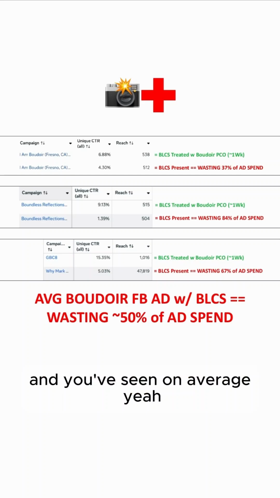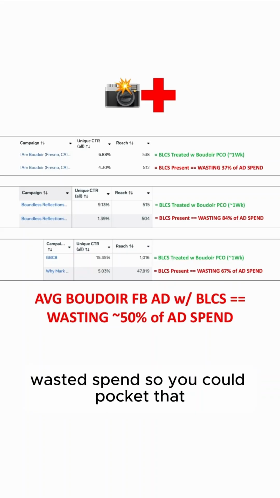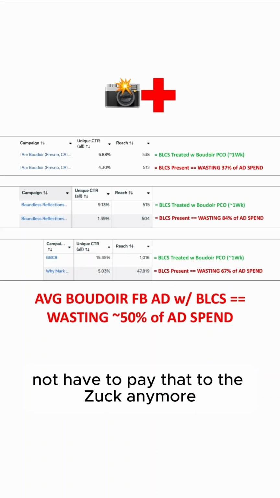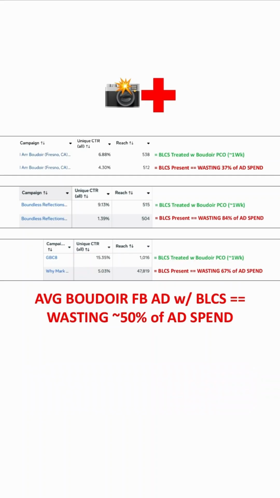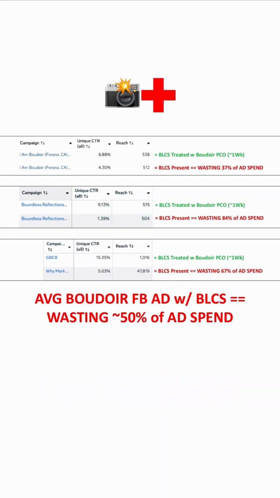And you've seen that on average, yeah, we could probably eliminate about 5K a month in wasted spend. So you could pocket that, not have to pay that to the Zuck anymore. Approximately 60K over the next 12 months back in your pocket, no longer being wasted.